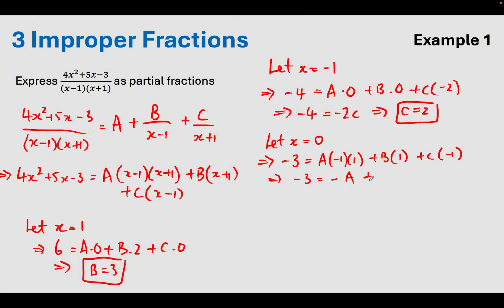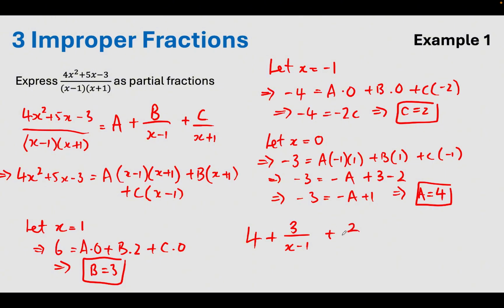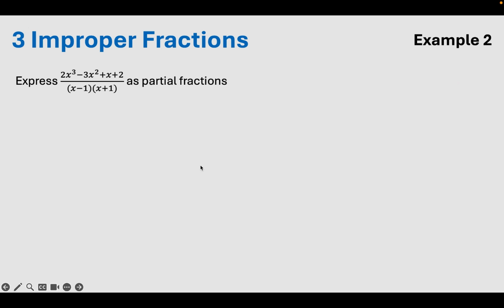I know b is 3, so that's 3. And I know c is 2, so that's minus 2. So minus 3 equals minus a plus 1. So that means a must be 4. So our final form is 4 plus 3 over x minus 1 plus 2 over x plus 1.